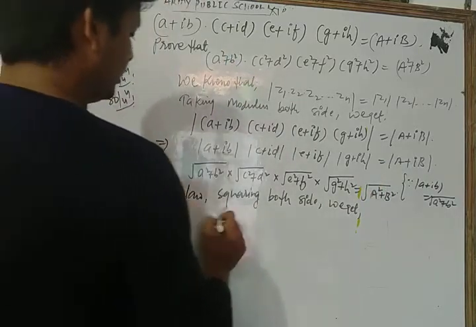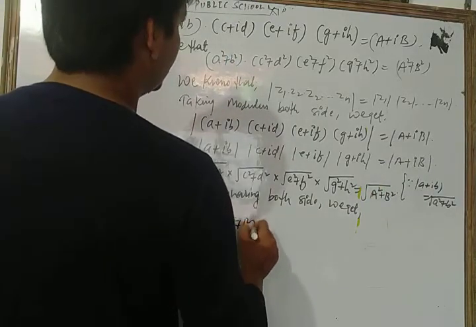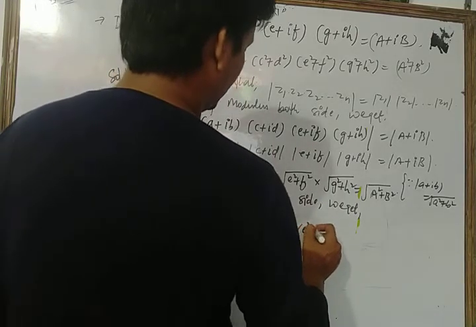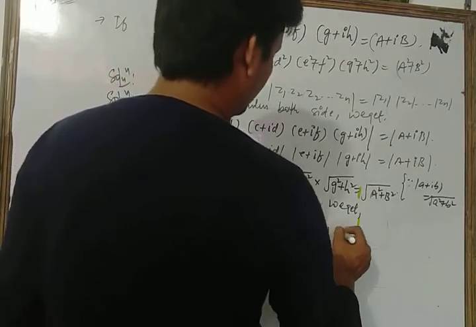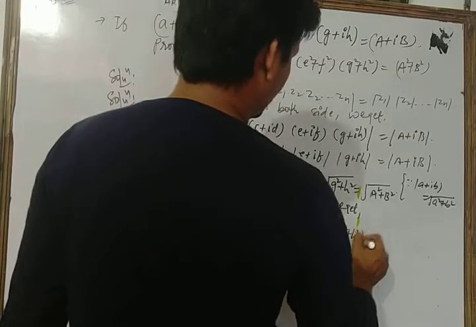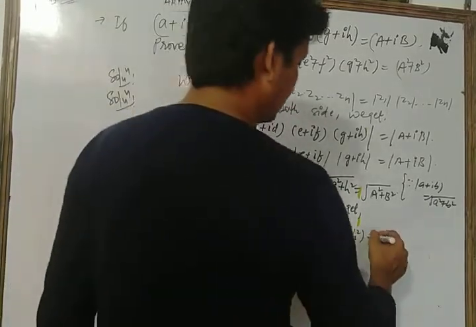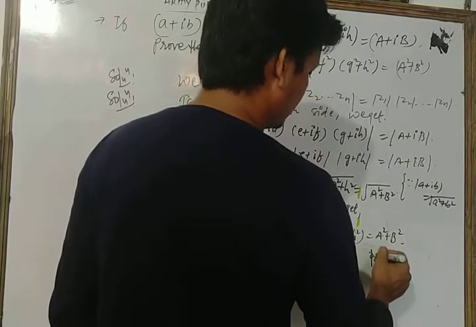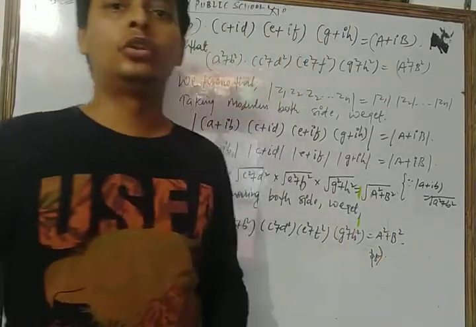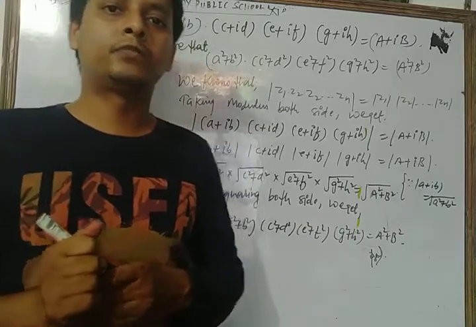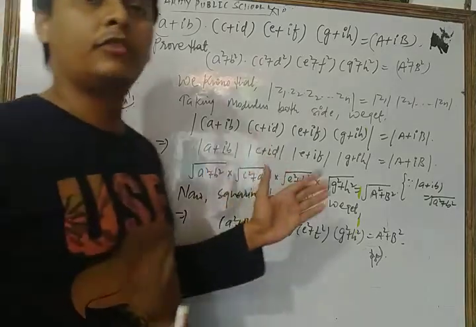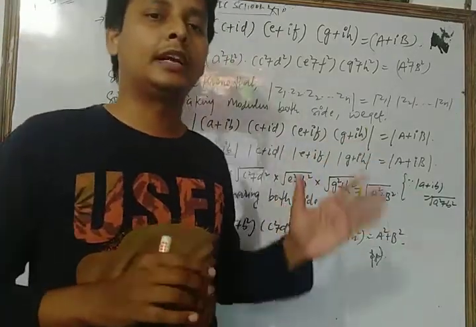So we have a square plus b square into c square plus d square into e square plus f square into g square plus h square as a square plus b square, hence proved. So dear students, this is one of the most important questions of your NCERT exercise.